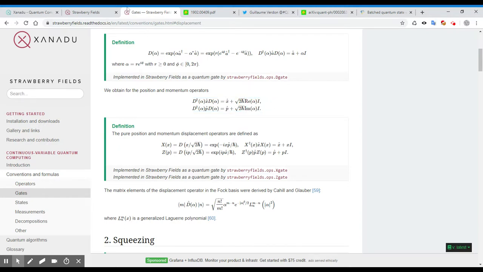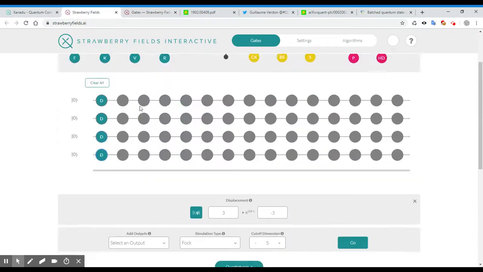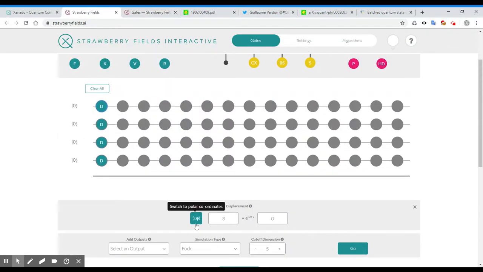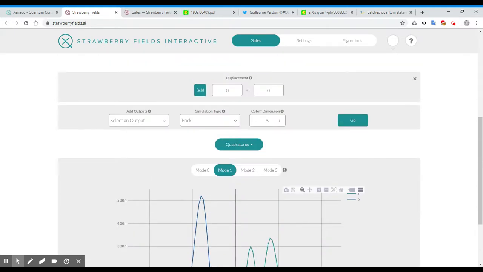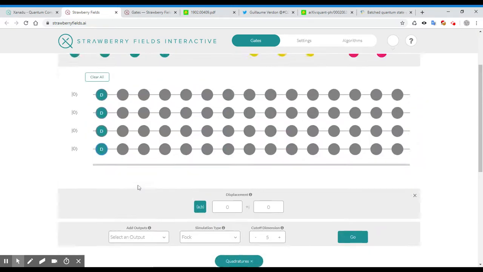So maybe let's do it this way. Let's go back to this setup. Let's just stick with position right now. I don't really care what happens in momentum.